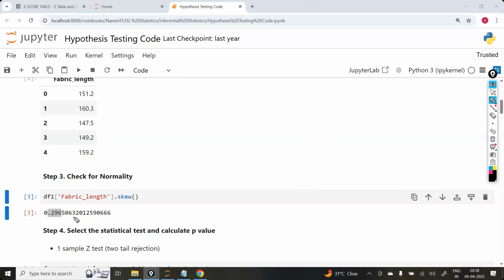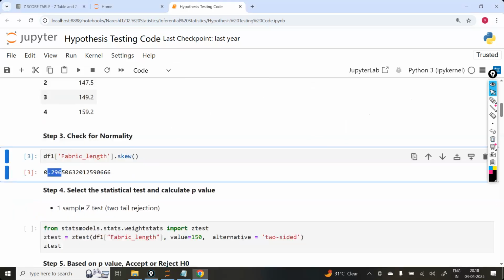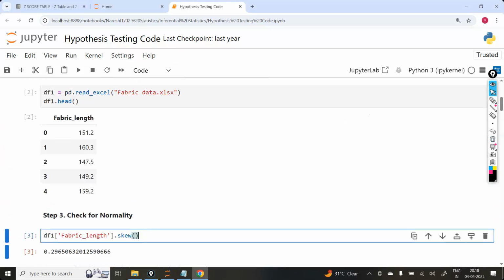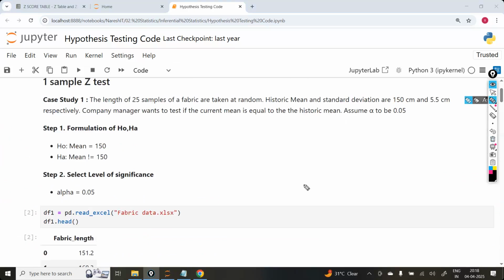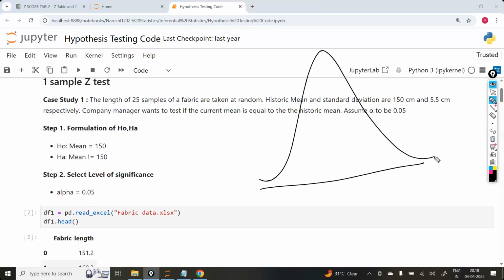Is the point clear? Now, since the data is normally distributed, draw the diagram. For this data, what is the diagram? It is a two-tailed test. So, is rejection on two sides or one side? Two sides. So, left side how much rejection area?